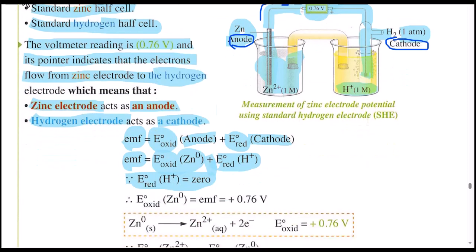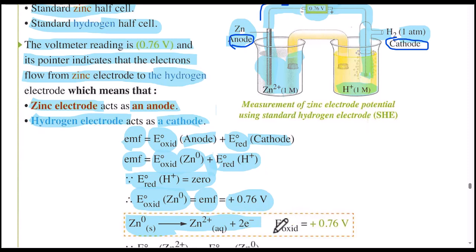So the electromotive force, or the oxidation potential of zinc as anode, equals positive 0.76 volt, and it refers to the oxidation process that happened to the zinc zero solid, which is oxidized into zinc positive 2 ions and releases 2 electrons.